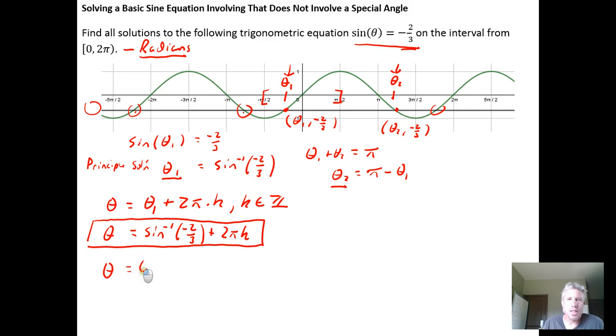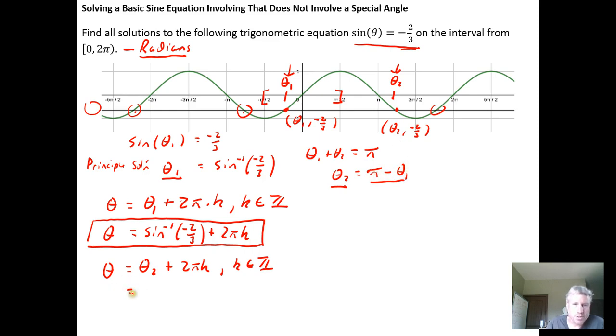Theta equals any angle coterminal, so plus 2 pi k to get to coterminal angles, any angle coterminal with theta sub 2 is also a solution, and of course we know that k needs to be an integer. But what does theta sub 2 look like? Well, theta sub 2 is just the difference between pi and theta sub 1.